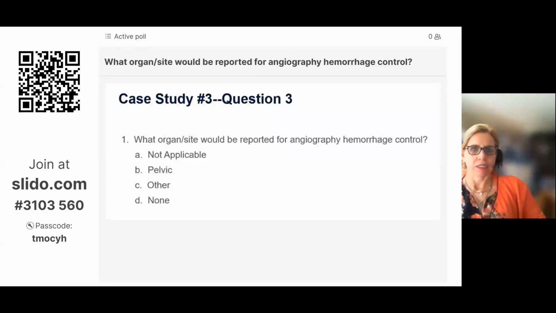And then what organ site would be reported for angiography hemorrhage control? You guys might want to pull your dictionary out on this one. I think I double checked this one 3 times to make sure I had the right answer.